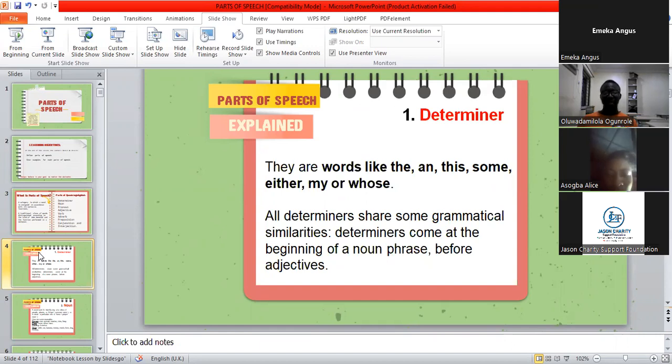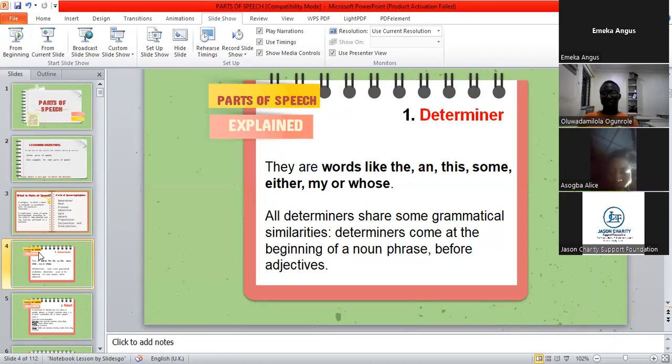They are used at the beginning of a noun, so to say, or a noun phrase, or you use them before an adjective. Now, basically, when you are using them before an adjective, you realize that what you have there will be a noun phrase. That was why we have it as the beginning of what? Of a noun phrase. Some schools of thought will tell you that once you attach anything to a noun, it becomes a noun phrase.